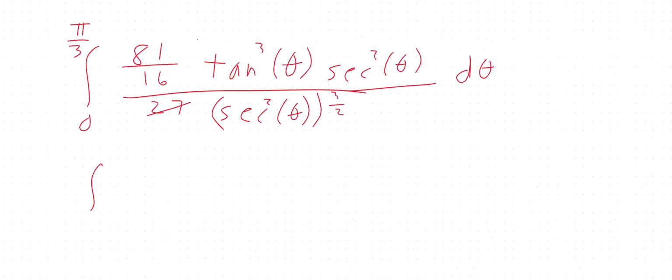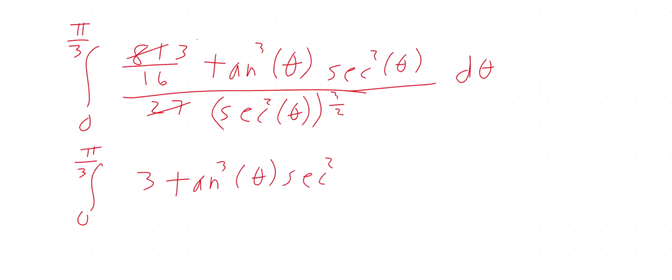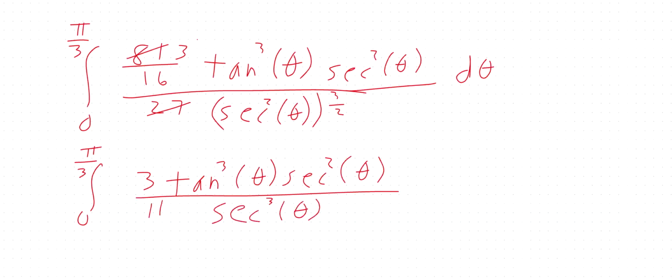This can simplify with that one. A 3 tangent cubed secant squared over, that'll be a secant cubed. And we'll bring that 16 down there.